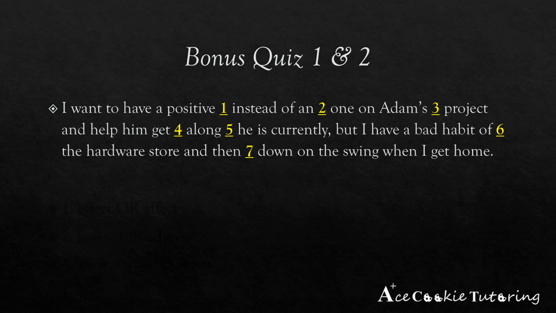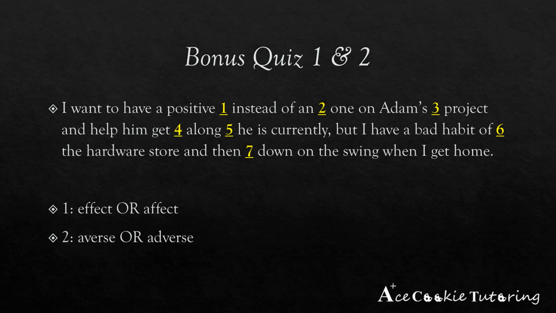Well, it's great to have you back. Thank you so much for hanging out and seeing what all you learned. So this bonus quiz combines all 7 of those different terms that Cynthia just talked about. So this is going to give you a great opportunity to make sure you really understand the differences between all of those misused words. So this time we're going to focus on number 1, which is effect or affect, and number 2, which is averse or adverse.